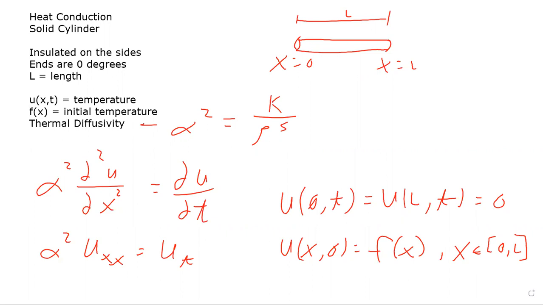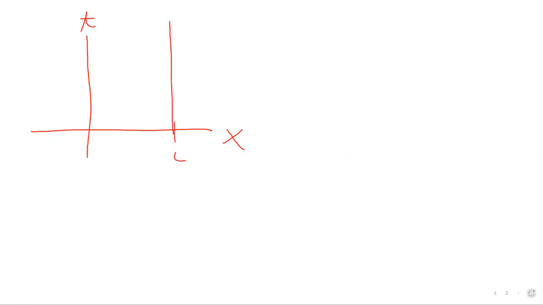And so what we're going to do is see this with a graph of t versus x. And we're going to go from 0 up to our L. And over here, we have our u of L, t equals 0. Over here, we have our u of 0, t, which also equals 0.